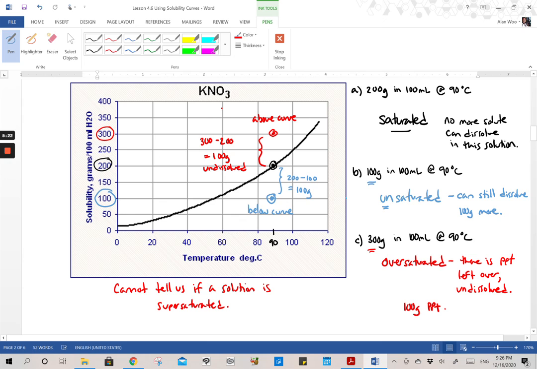Okay? Because after all it really is a point on the graph. The point on the graph doesn't tell you whether the excess solute is dissolved or not. And if it can't tell you that, it can't tell you whether it's a supersaturated solution or not. Okay? So the only three levels of saturation that we can determine from a solubility curve are saturated, unsaturated, or oversaturated.